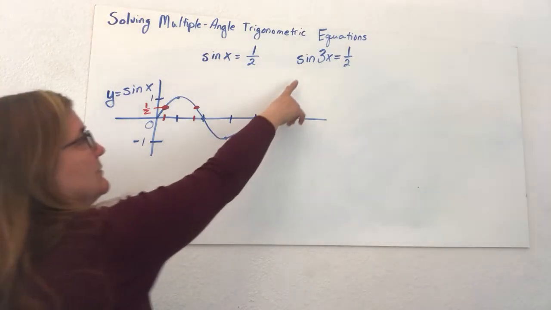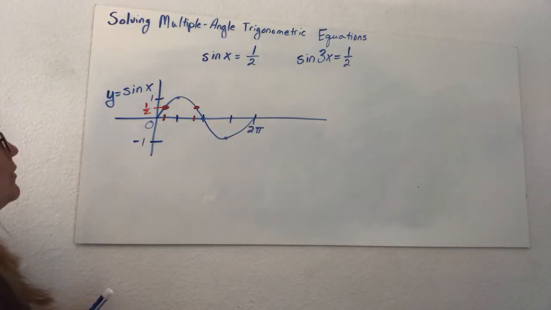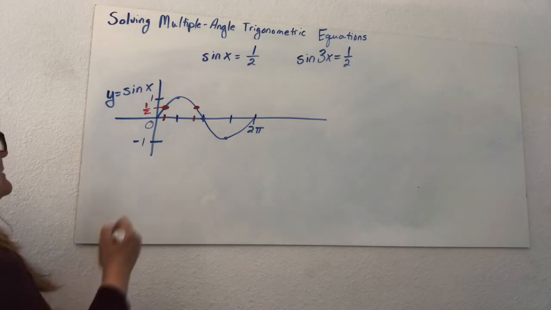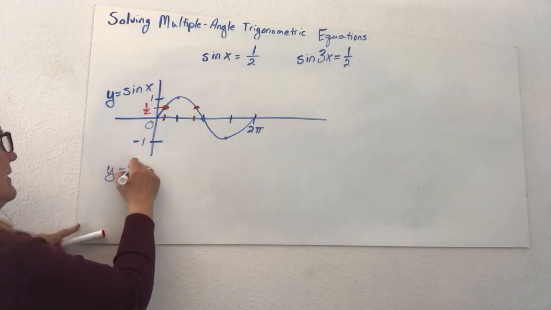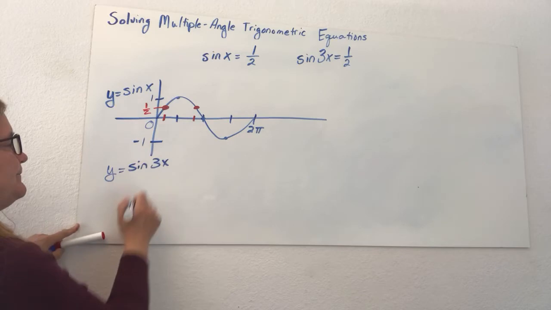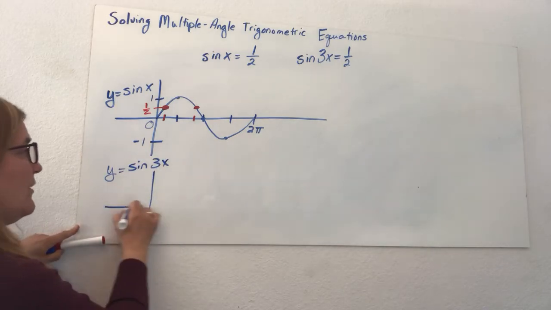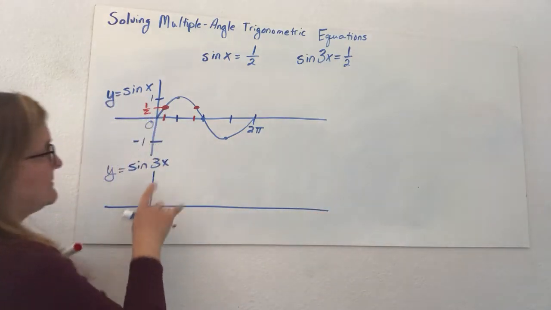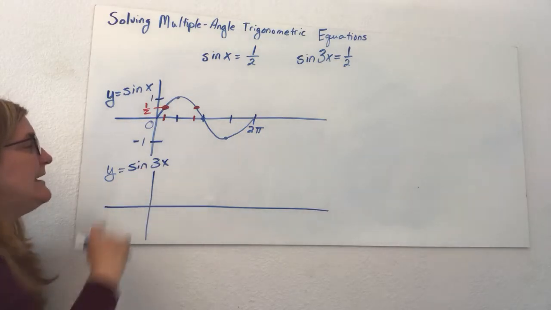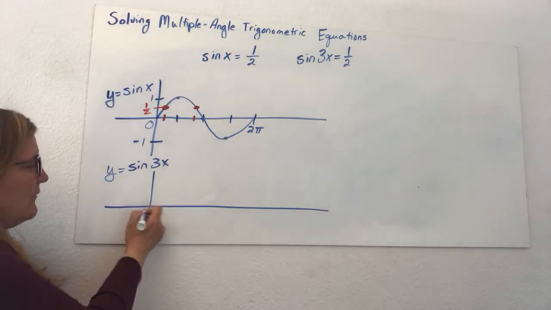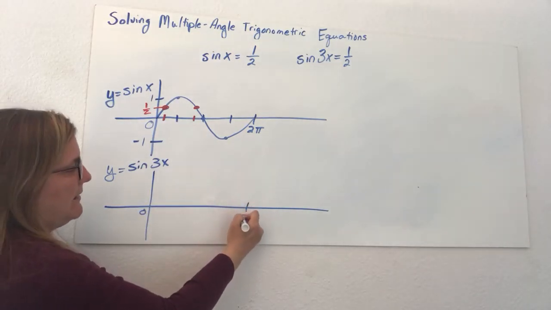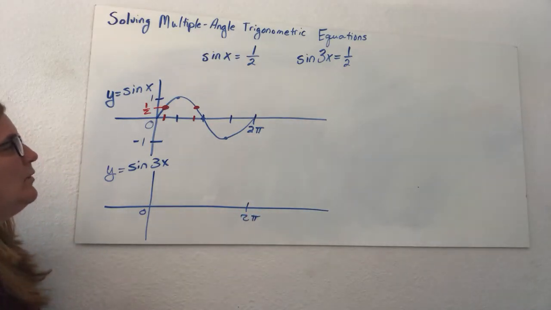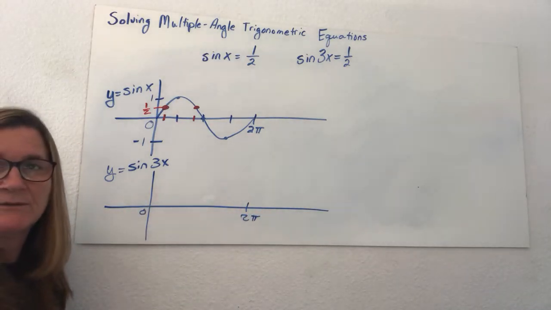Now let's consider the function y equals sine 3x. So we have, now we know that the period is going to be 2 pi divided by 3. So in the interval 0 to 2 pi, we would have 3 complete cycles of the sine.